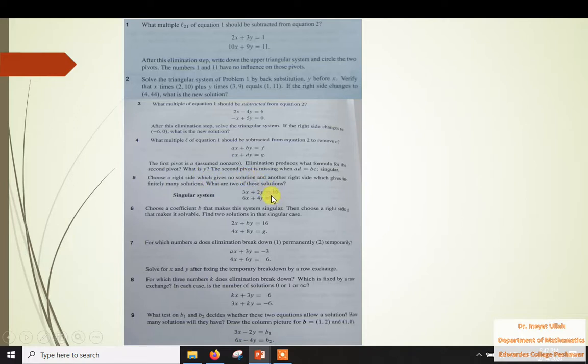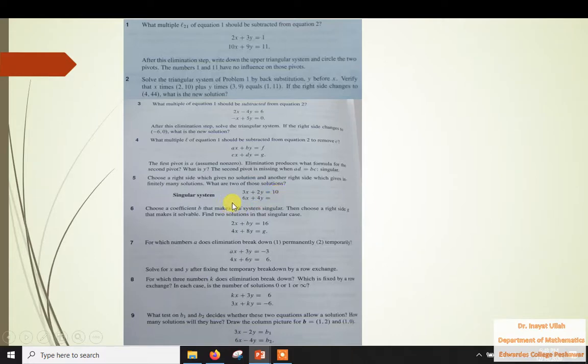If you multiply this equation by 2, it will become 6, and when you subtract these two, x will be eliminated, and when you multiply this 2 by 2, that will be 4y, minus 4y will be 0 here. So what number should be chosen here to get no solution? If you multiply this equation by 2, it will become 20.